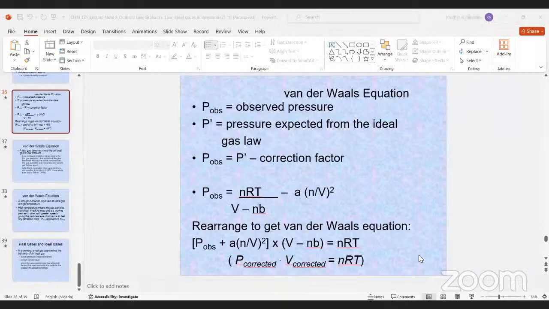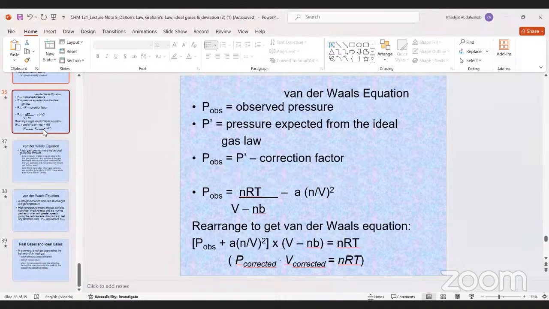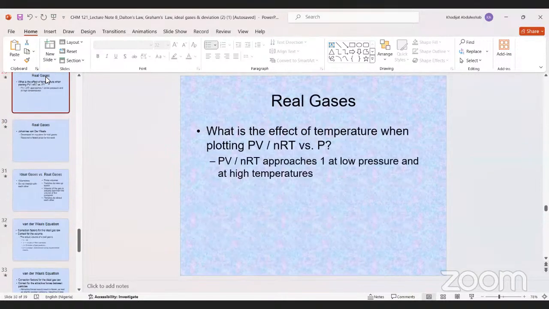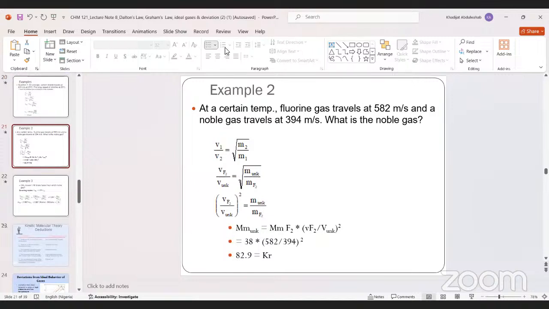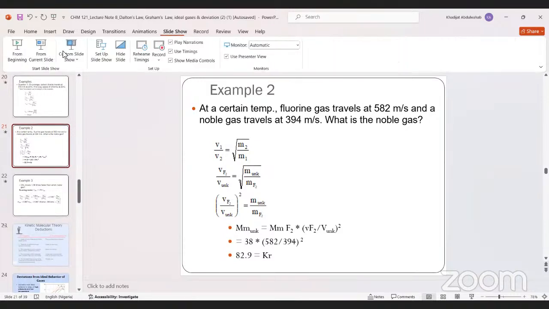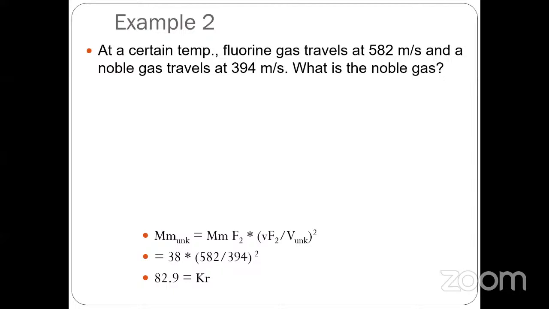Now, the last class we tried to solve some problems on Graham's law of diffusion. I got some feedback that there was a little error in the calculation of the last example, so I'll go back to that calculation.